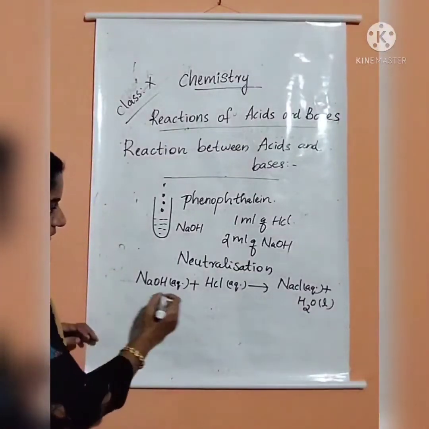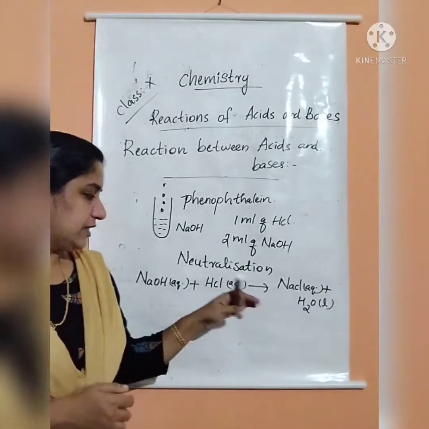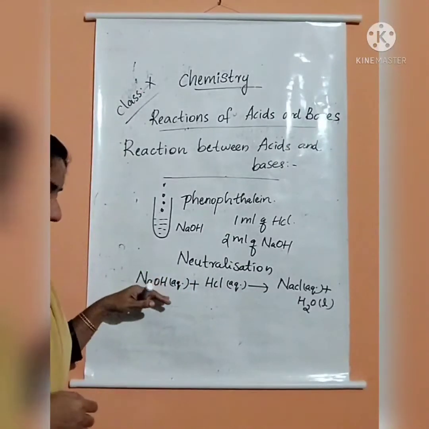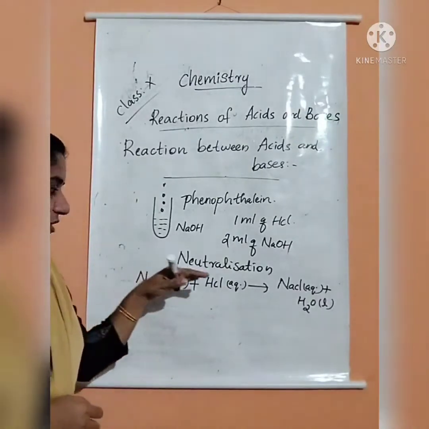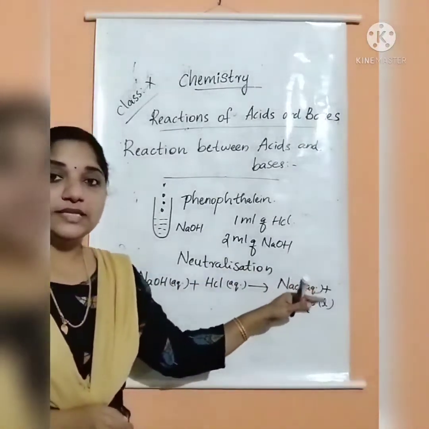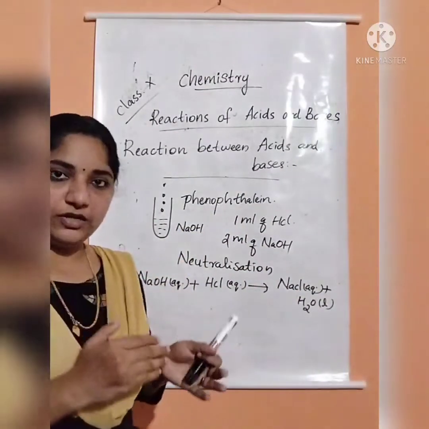Okay, I will summarize this equation. Before that, I will write one example also. Here I will write sodium hydroxide reacts with HCl. Sodium hydroxide is a base that reacts with acid to form salt and water.